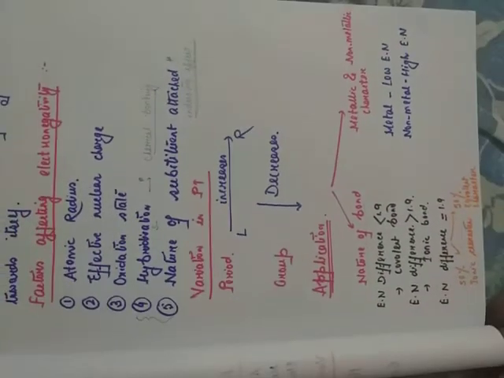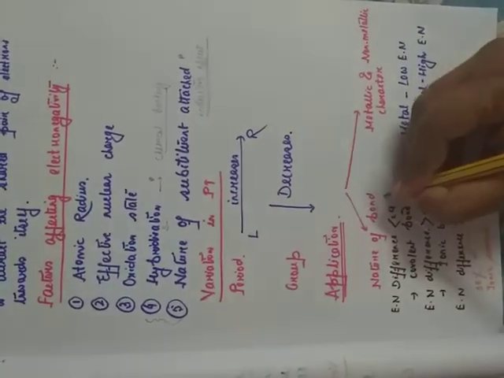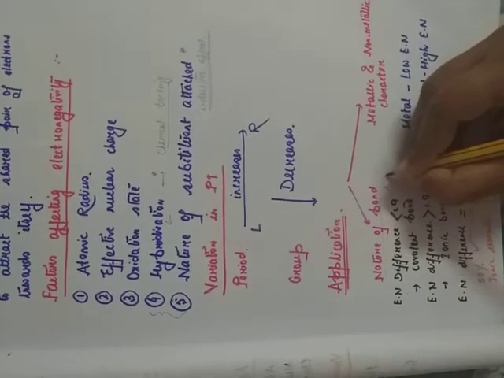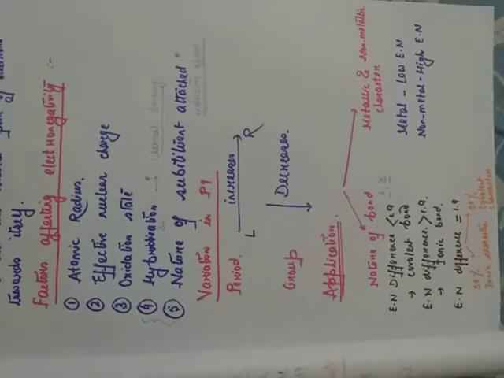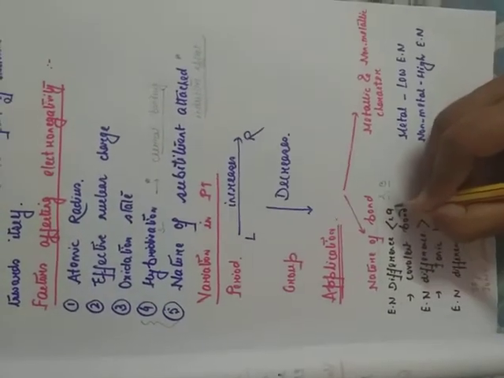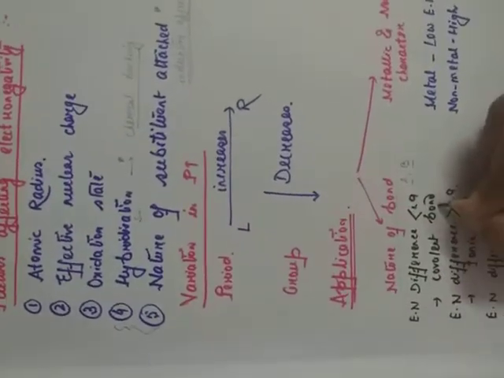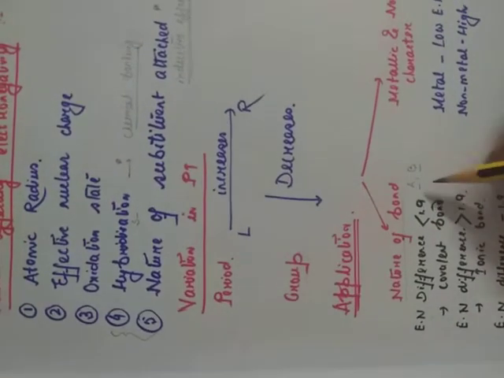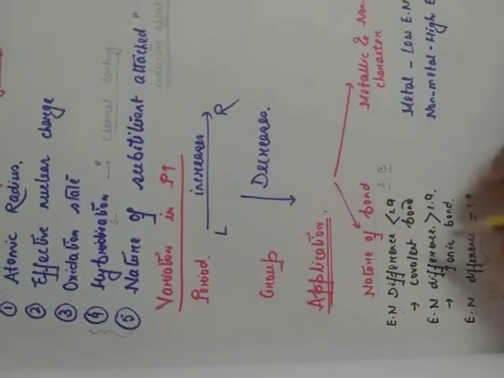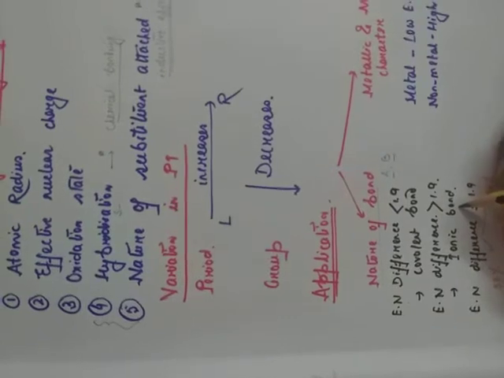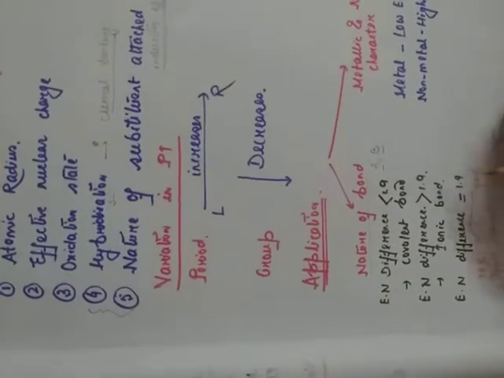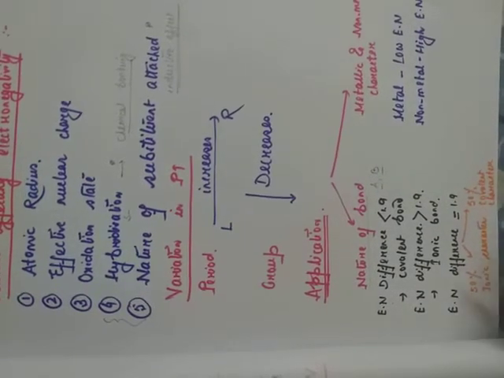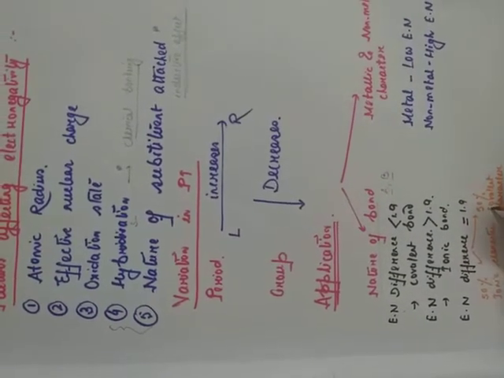So if the participating atoms are A and B, and we find the electronegativity difference between A and B is less than 1.9, the bond is a covalent bond. And if the difference is greater than 1.9, it is predominantly an ionic bond. But if the difference is equal to 1.9, it has 50% ionic character and 50% covalent character.